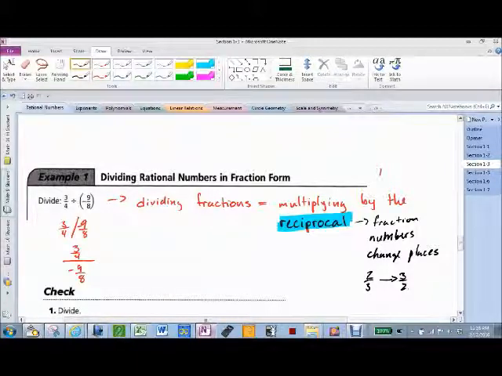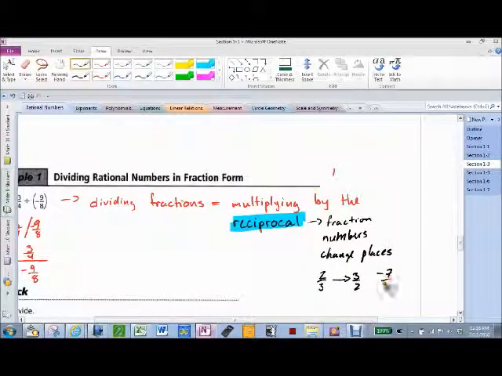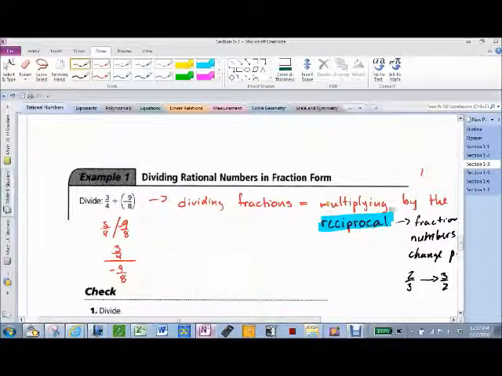Signs didn't change, did they? So what if I had -7/5? What would its reciprocal be? 5/-7. Is everyone cool? Okay. So, dividing fractions is the same as multiplying by the reciprocal.